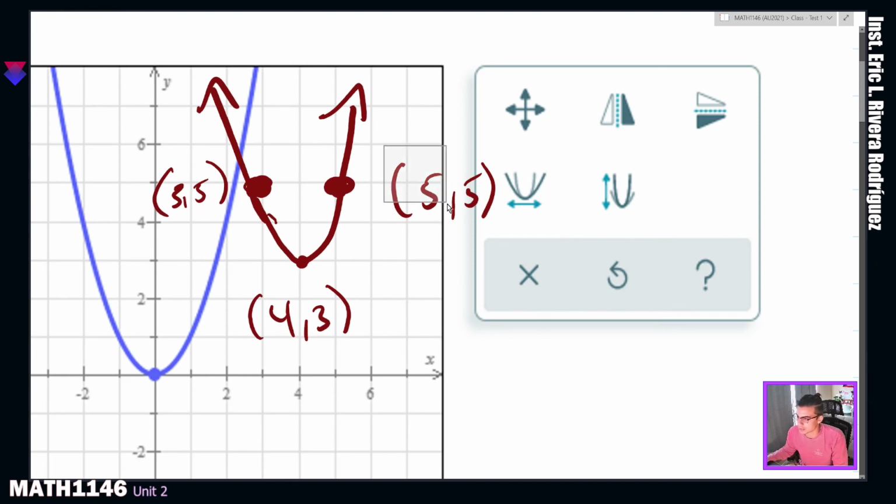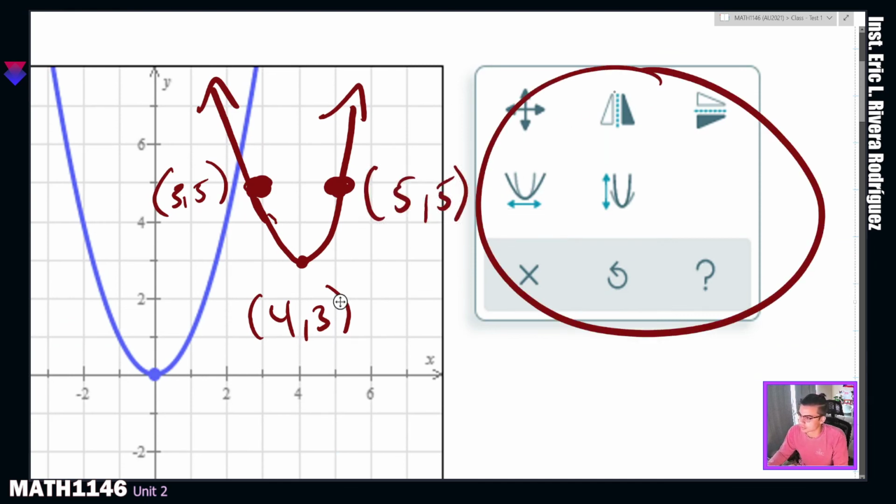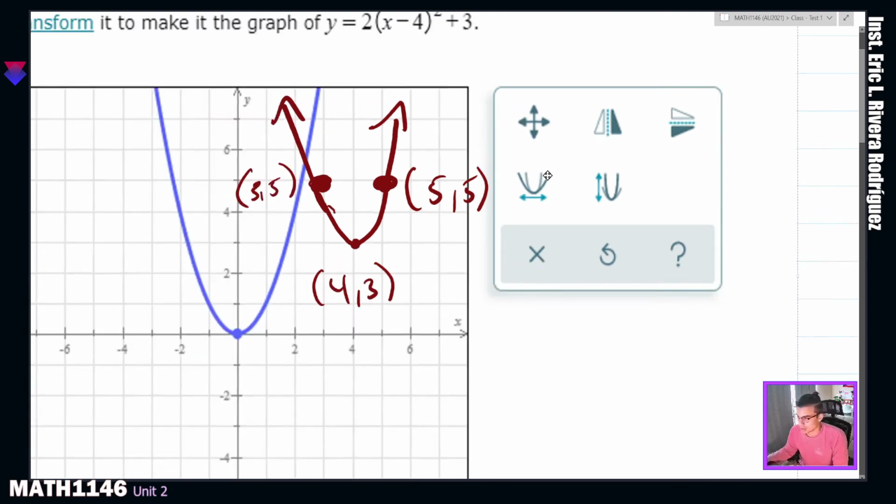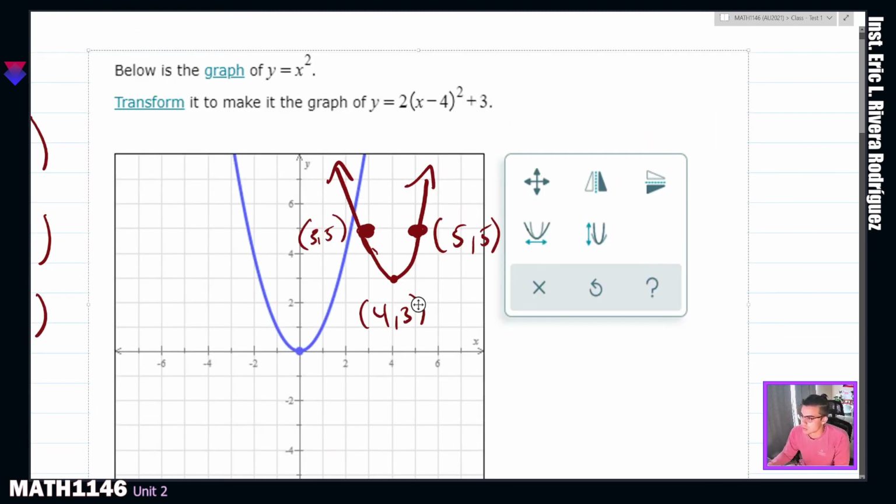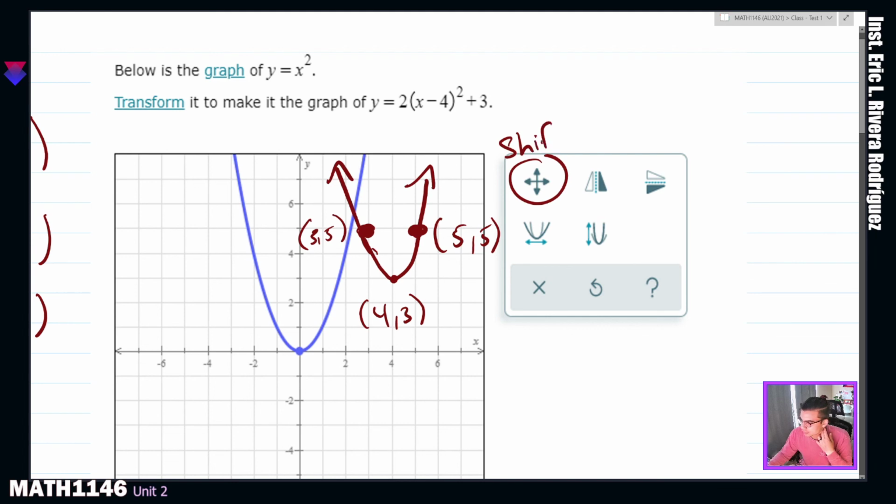Okay, the question is, how are we going to do this with Alex, with these tool sets here? You know that we have a vertical stretch, we have a shift up, and we have a shift to the right. To do shift, you are going to use this one.